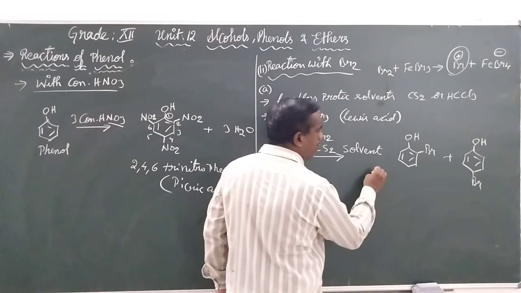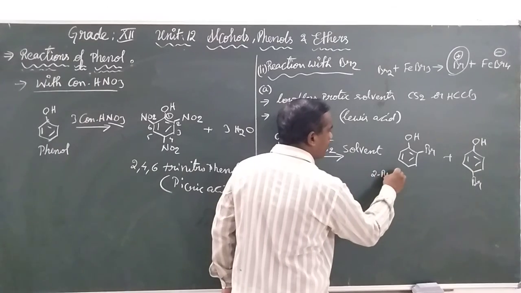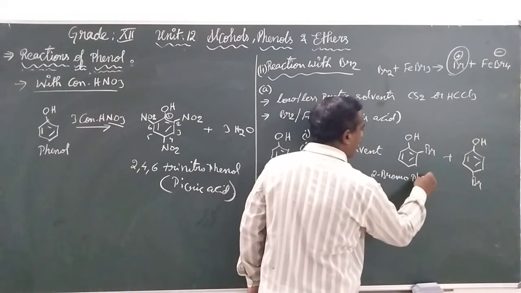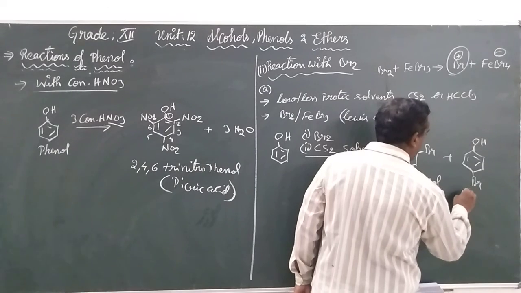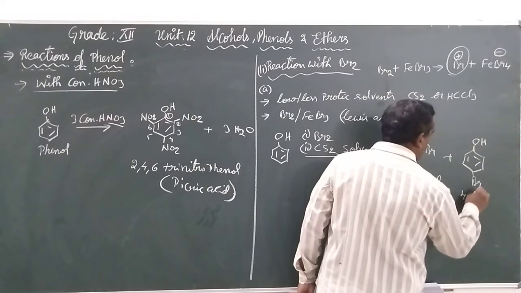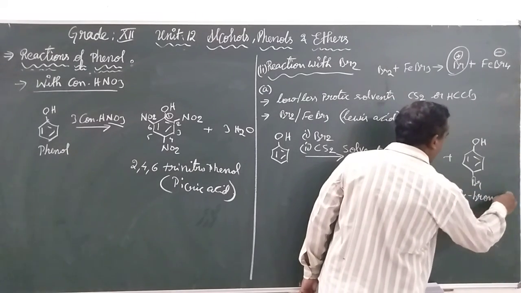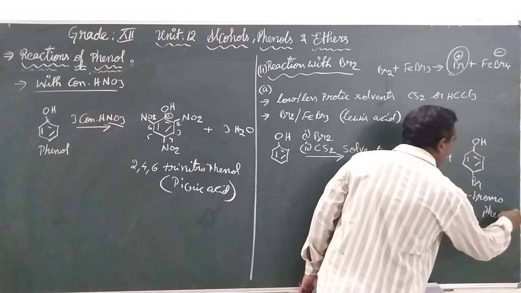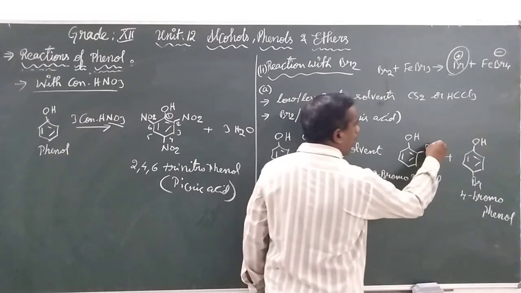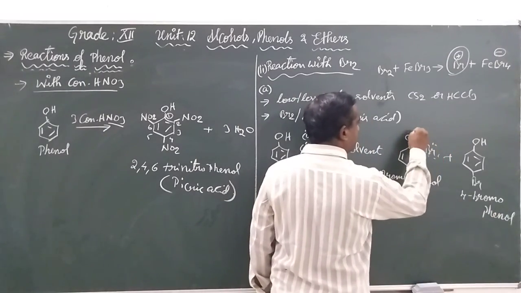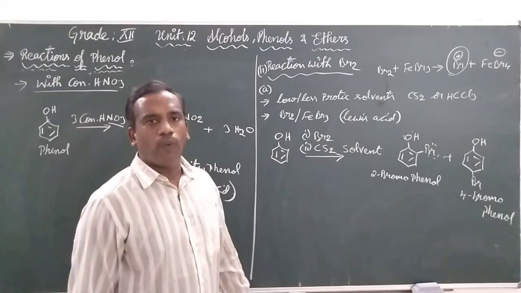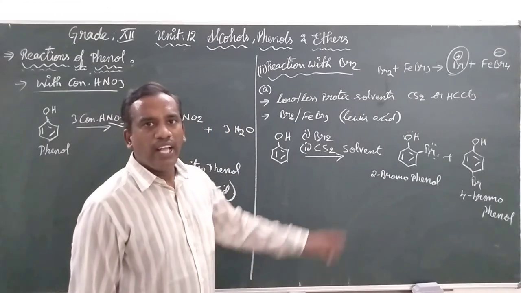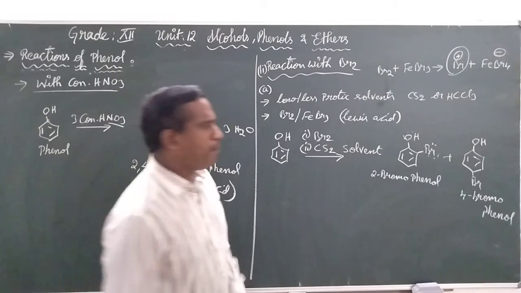When it forms at the ortho position, it forms 2-bromophenol. When it is at the para position, it forms 4-bromophenol. On the halogen there will be lone pairs, and on oxygen also there will be lone pairs. In the case of ortho, that is 2-bromophenol, lone pair repulsion takes place.